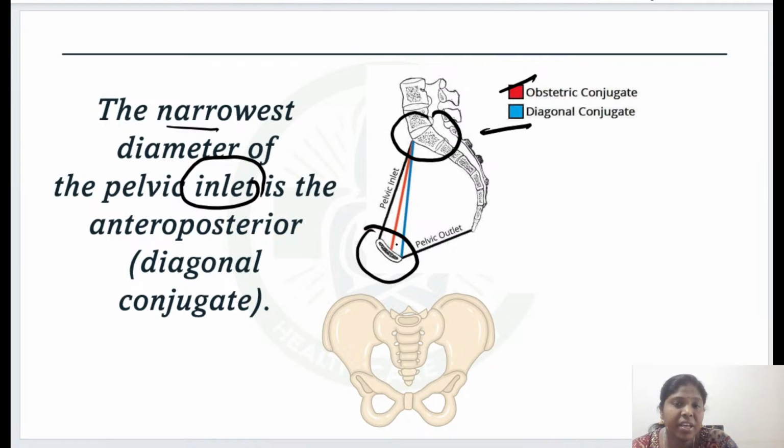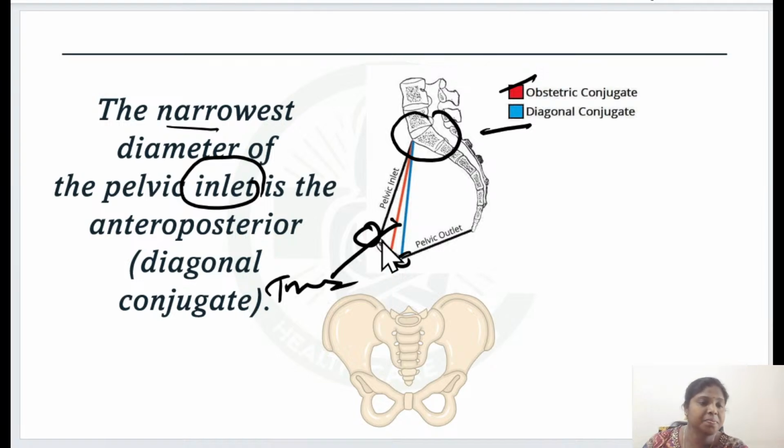We call the true conjugate, the obstetric conjugate, the red line you can see. That is called the true conjugate. This is the narrowest compared to the other inlet diameters.